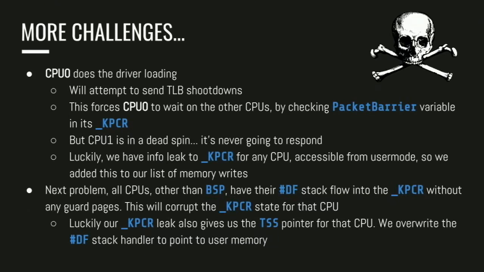So CPU 0 had to do the driver loading, while anything other than CPU 0 could run the actual write-what-where. What that means is that this vulnerability requires more than one CPU, which most computers today have.